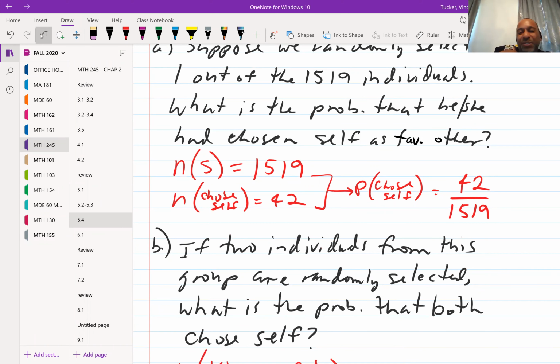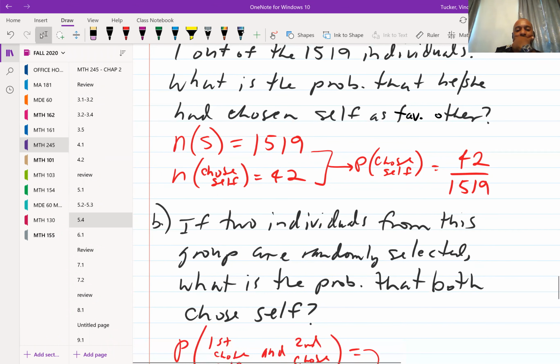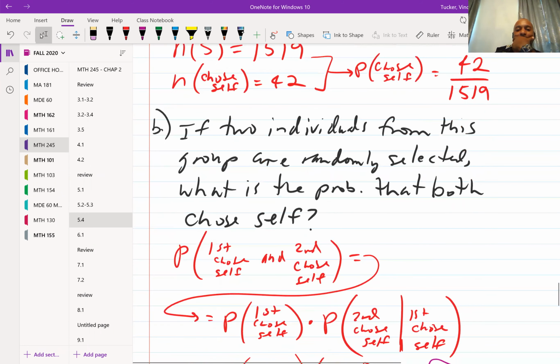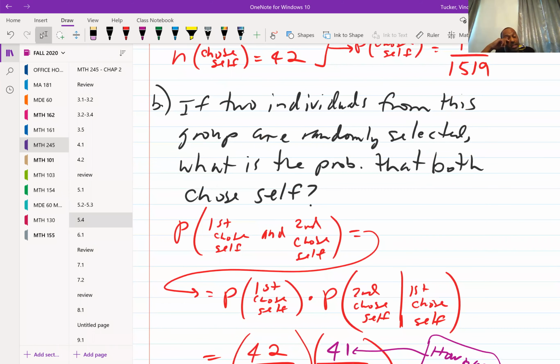B, if two individuals from this group are randomly selected, what is the probability that both chose self? All right. So the way that we're looking at this, what's the probability that the first one chose self and the second one chose self?